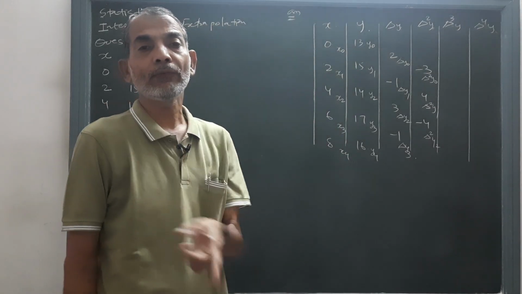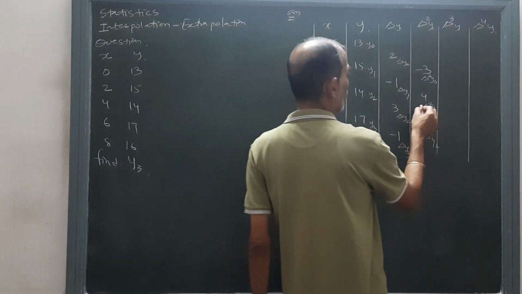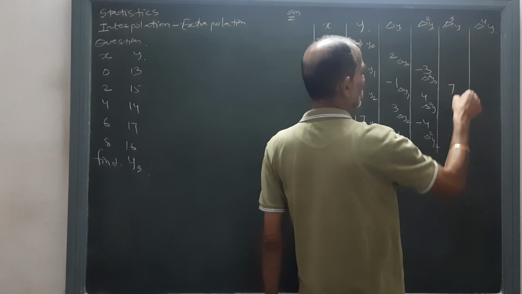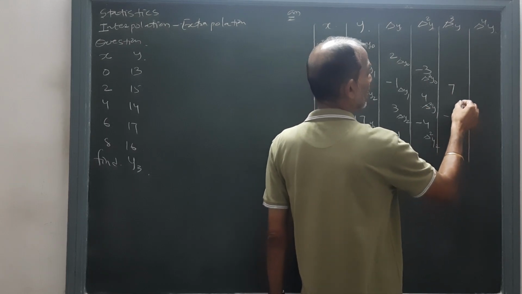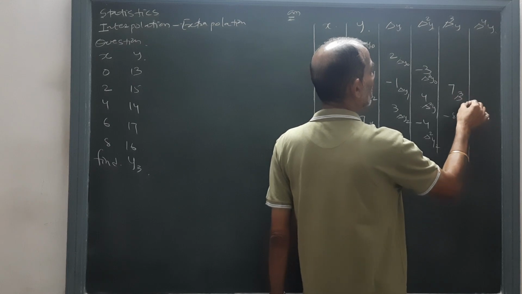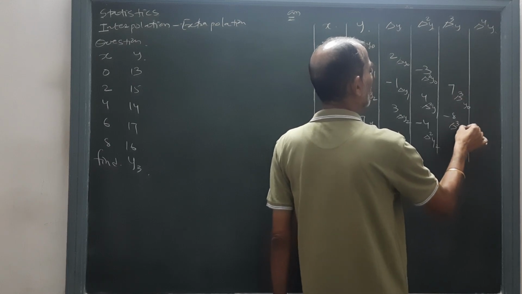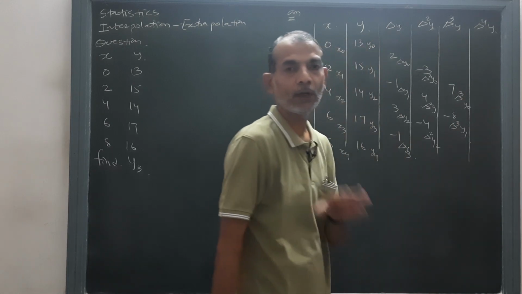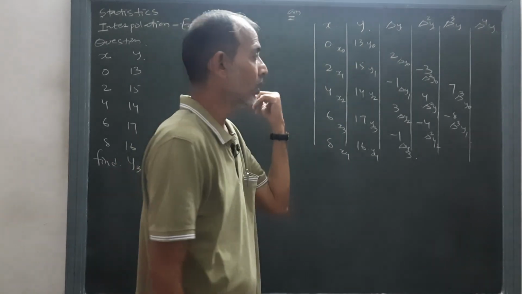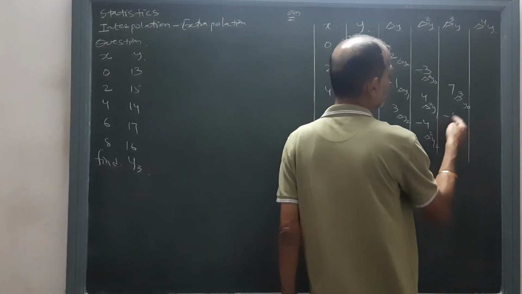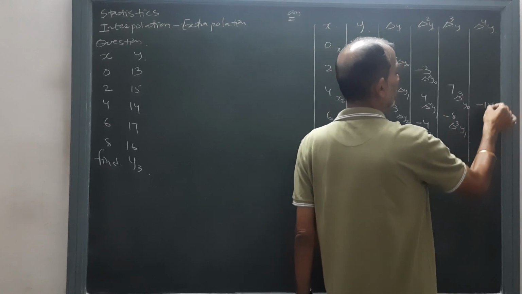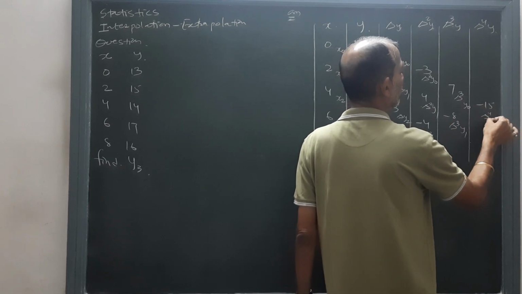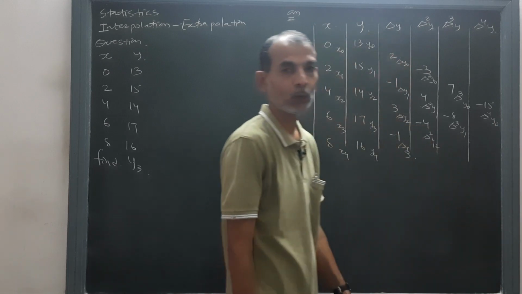Then the third level differences: 4 minus minus 3 will be 7, minus 4 minus 4 will be minus 8. This is delta cubed y0, delta cubed y1. Then the fourth level difference: minus 8 minus 7, minus 15. This is delta raised to 4 y0.